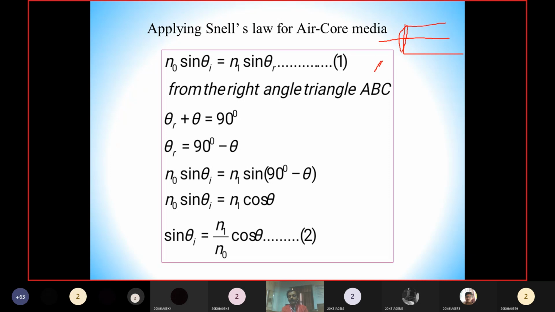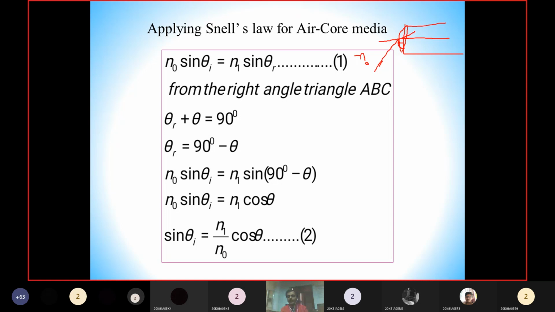Now one ray is incident here. The angle between the normal and this ray is theta I, and this is N0, the refractive index of air. This incident ray is refracted inside like this.